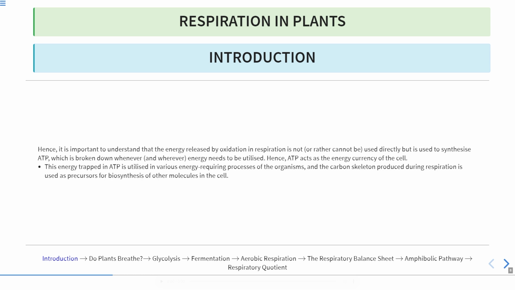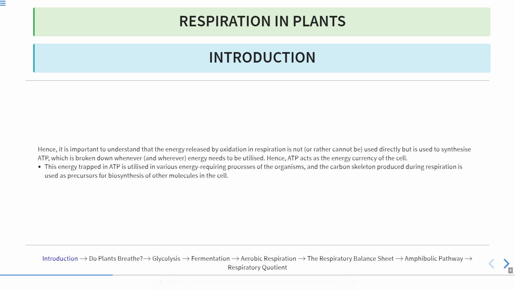And the carbon skeleton produced during respiration is used as a precursor for the biosynthesis of other molecules in the cells, right?